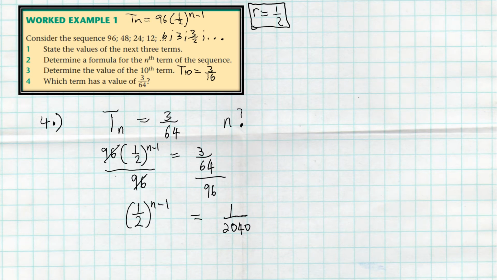To solve for n, we have to make sure that on both the left hand side and the right hand side we have powers of the same base. So we must make this number have a base of 2. In order to do that, you use your calculator.